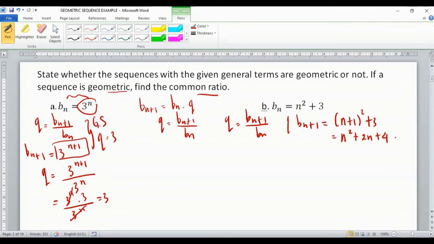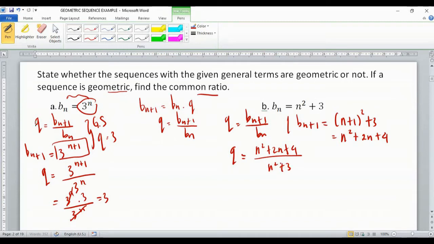So from here, we just need to substitute into this formula. Bn plus 1 is n squared plus 2n plus 4 over bn, which is n squared plus 3.